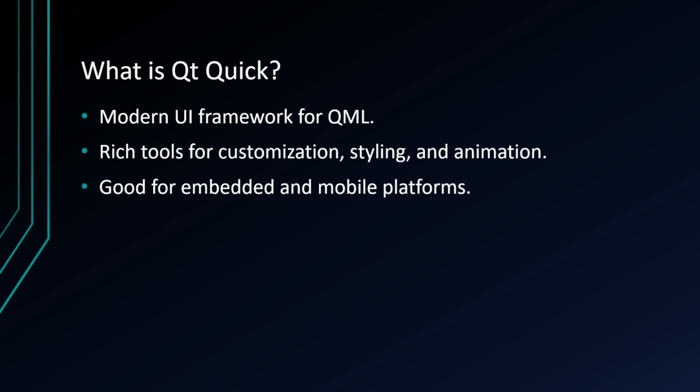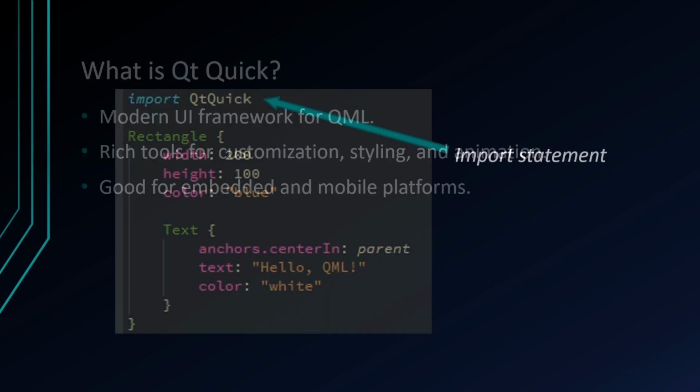Qt Quick is the UI framework that powers QML. It provides a rich set of tools for building UIs, and it works nicely with embedded and mobile platforms also. Qt Quick is easy to style, customize, and animate, and that's great. Look at the previous example, okay?